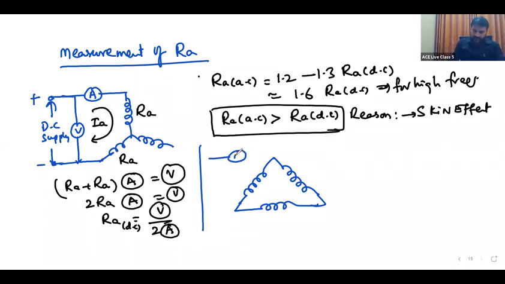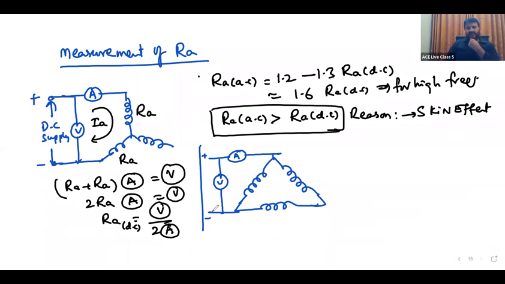Here we are applying DC again, DC plus minus. You have to apply only DC. If you give AC, what will happen? Voltmeter reading by ammeter reading will give you the impedance. That's the reason it has to be given only DC.